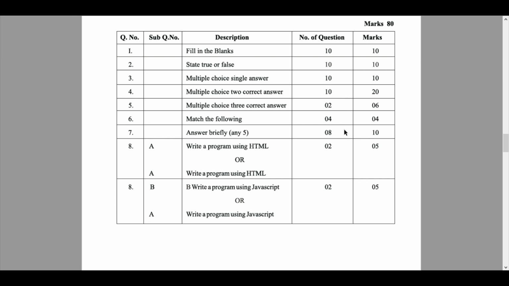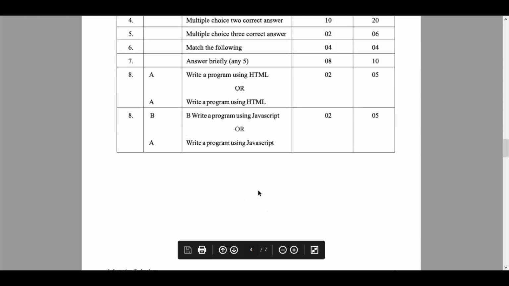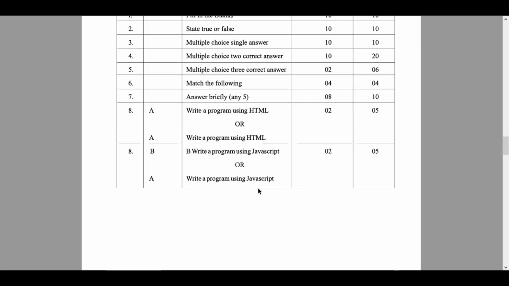Or if you do not have confidence in your 5 questions, if you are not confident about one or two of these, attempt extra. They won't cut your marks for attempting extra. They'll appreciate that you made the effort. So this was our answer briefly. Then we'll again have the codes for HTML and JavaScript in our 8th question.